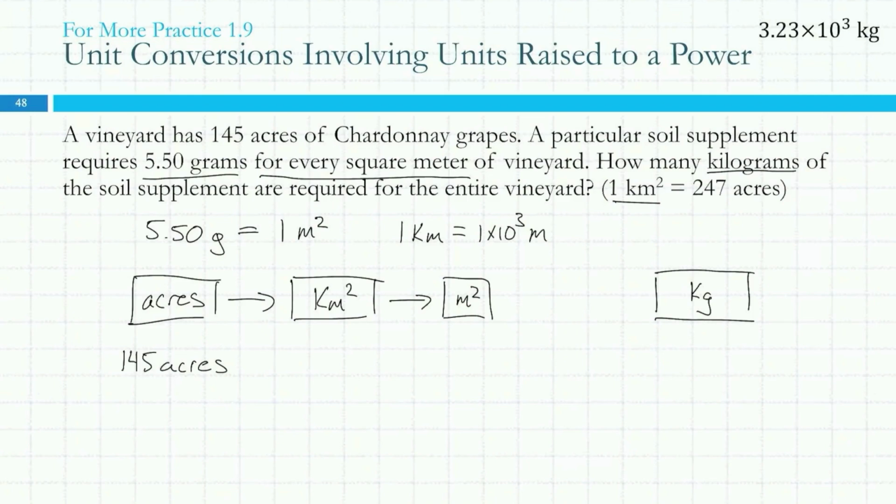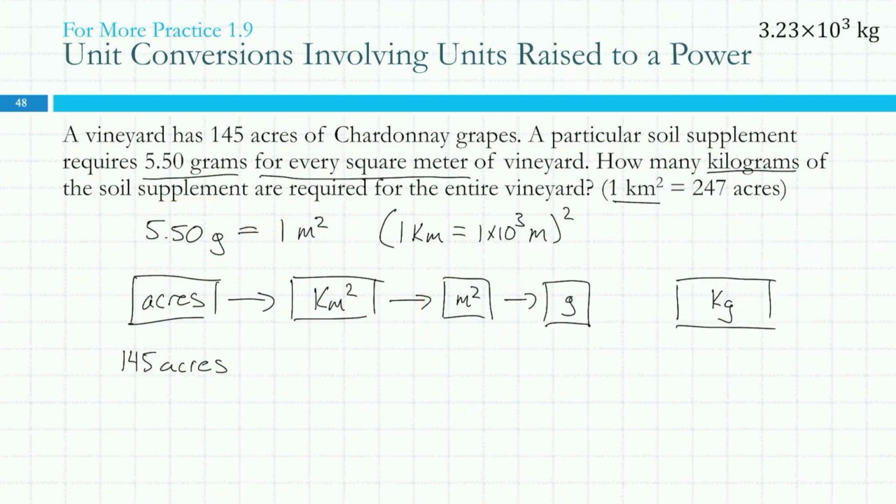Now that's for kilometers to meters. So if I want that to be square kilometers to square meters, I'll have to square the whole thing. And we could do that later. So that'll get us from kilometers squared to meters squared, right? And then that meters squared fits in here. So if I can get to meters squared, then I can calculate grams.